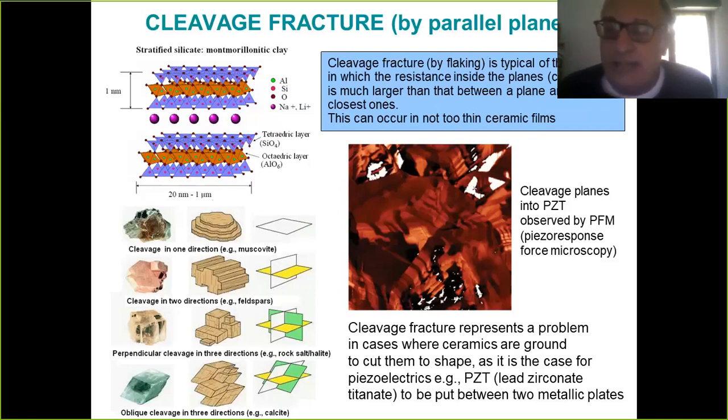Or you can use piezoelectrics as sensors. If you have the opposite piezoelectric effect, you may use them as sensors. In non-destructive testing, for example, or also in the biomedical field, a lot of piezoelectric sensors are still used. They work well. They are not nanosensors, but they might be shaped in a way of making microsensors.